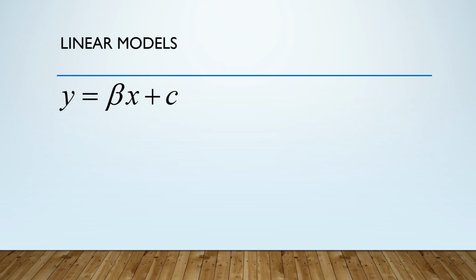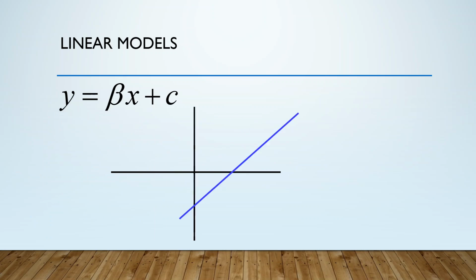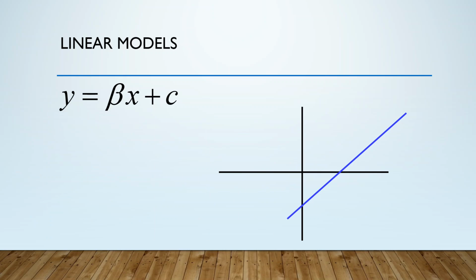So let us graphically understand this. What is the equation for a straight line? Suppose the straight line is this blue line. In this direction x values will be there, and in this direction y values will be there, and this is the equation for the straight line.